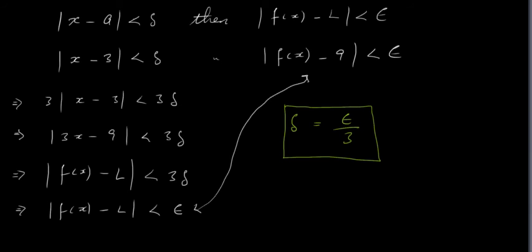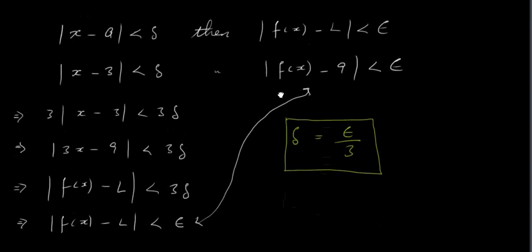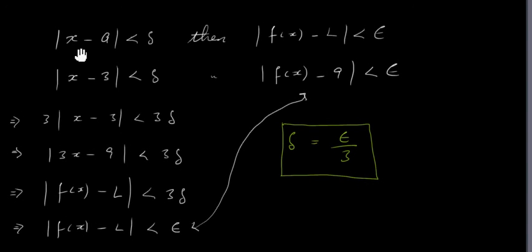So I've shown that for the modulus of x minus a being smaller than delta, the modulus of f of x minus the limit will be less than epsilon. I've shown it for this particular function, allowing for the fact that delta is epsilon over 3.